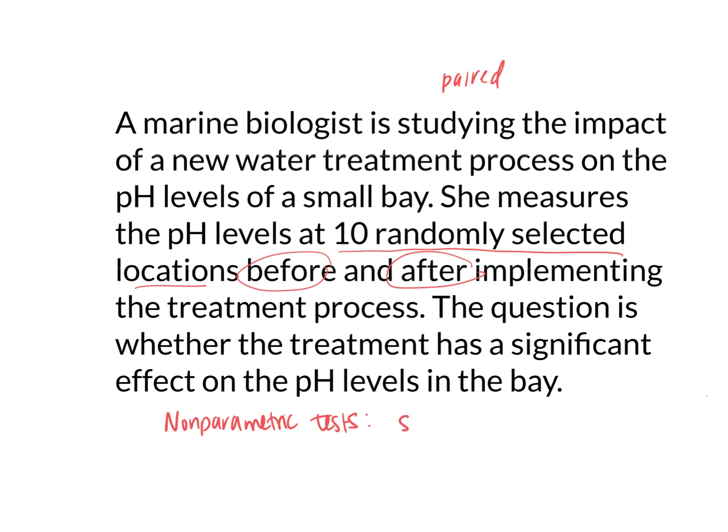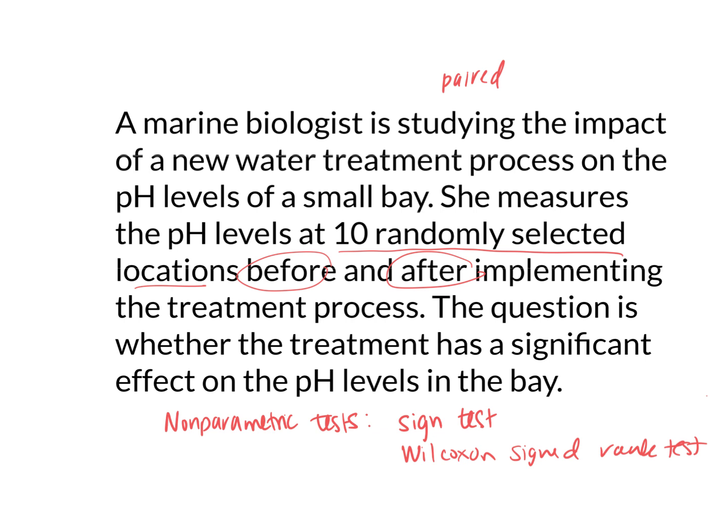So two non-parametric tests that we can use in this kind of situation are the sign test and the Wilcoxon signed rank test. Now, the sign test is the least powerful of the two, but it really does have the fewest restrictions on it.